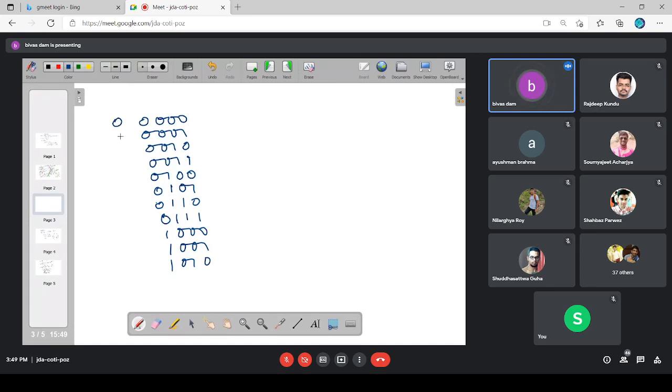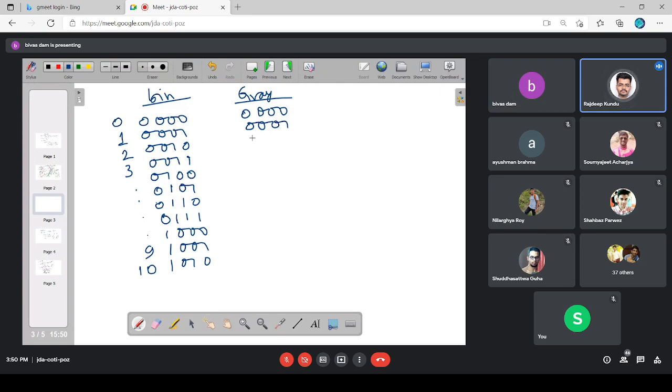This is 0, 1, 2, 3, up to 9, 10. This is binary. What is the corresponding gray? Can anyone help me? This is definitely going to be 0000. Then 0001, then 0011.